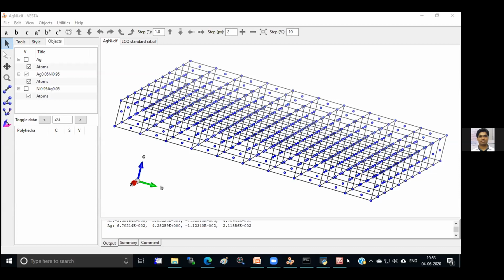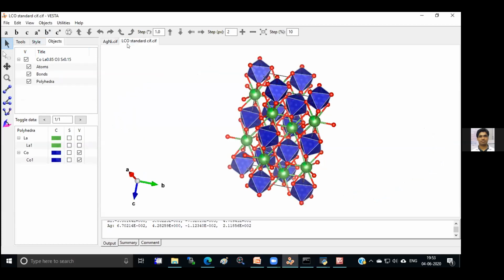Yeah, it is not possible to give a different color to the same element. Different colors for the same element is not possible in Vesta, but you can identify it from the polyhedra. In an octahedral site, you have the octahedral polyhedra, and in a tetrahedral site, after we get the structure, we actually put an arrow and show that.